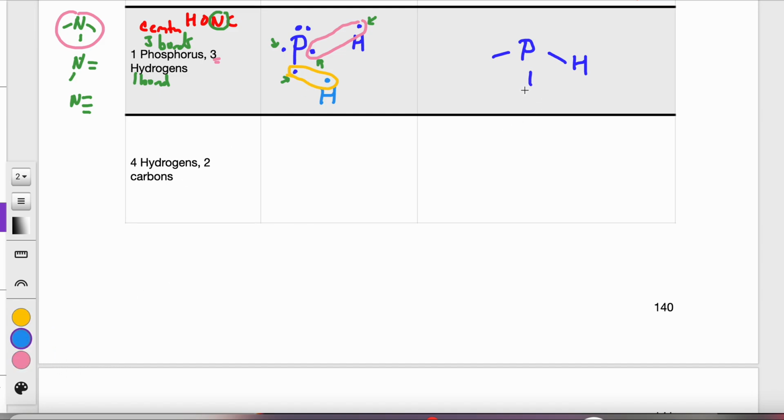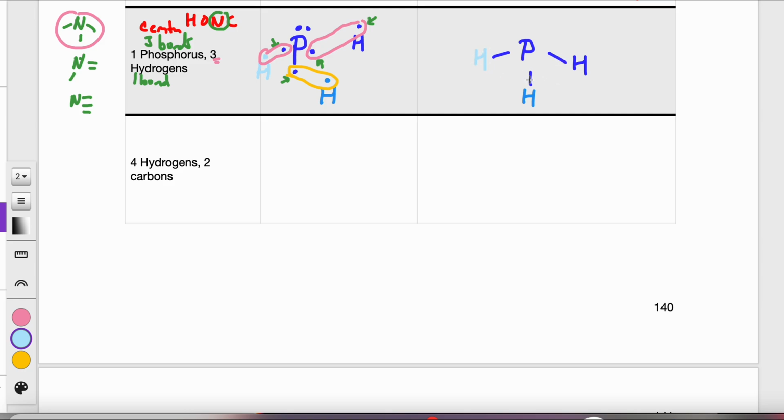So I can place it right here. Then lastly, it says I have 3 hydrogens, so here's my third hydrogen, and its only unpaired electron will pair up and form a bond with phosphorus's final. So I will place that hydrogen right here.